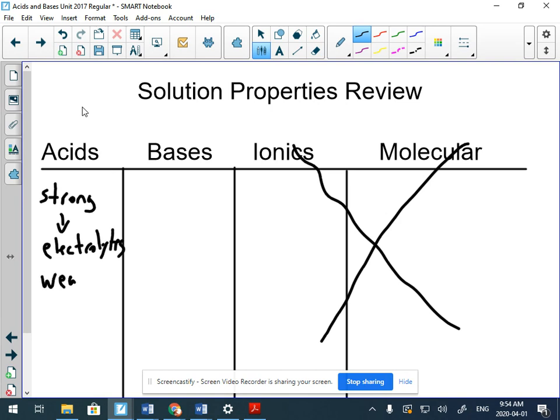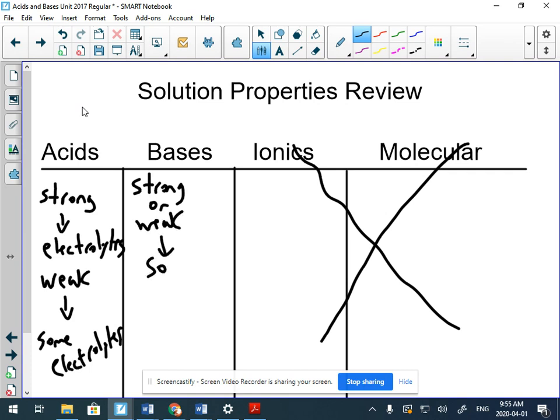Weak acids form some electrolytes. What does that mean? That means they form ions. Bases, whether strong or weak, form electrolytes if they're soluble.